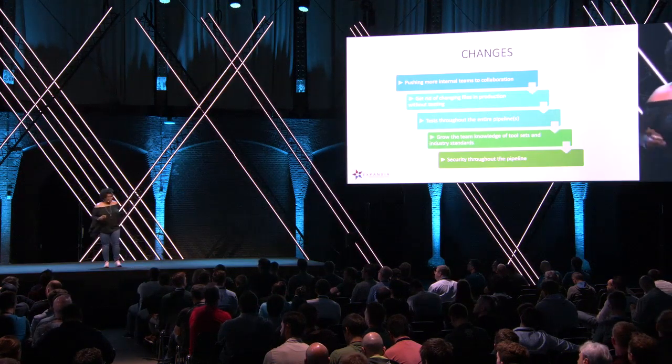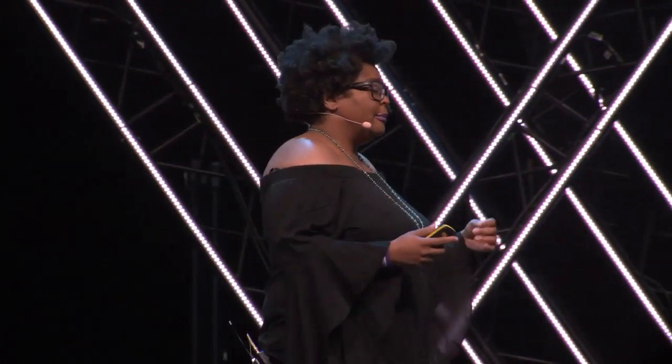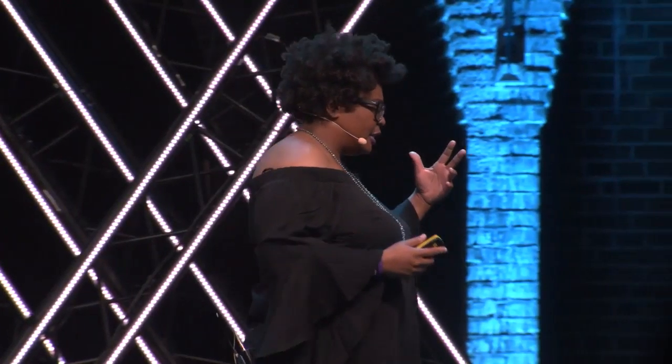All right, so we talk about government transition, and this is where we're starting to get into the meat and potatoes. We want to start getting away from having siloed teams and push teams toward internal collaboration. Think of it like this: you have the US Air Force. Imagine how many IT teams you have in that environment, and how many of them aren't constantly talking to each other.